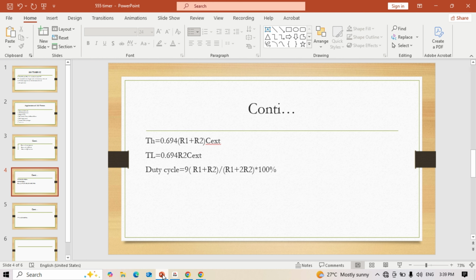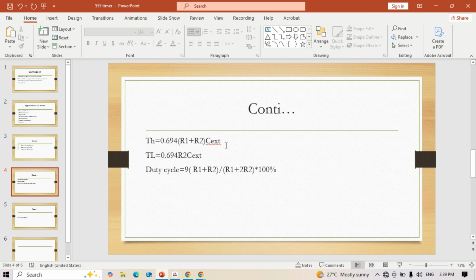Related to the multivibrator, it will generate a rectangular wave having T high and T low by using these equations. To find the time on or high, you can use T high equals 0.694 times (R1 plus R2) times C external.